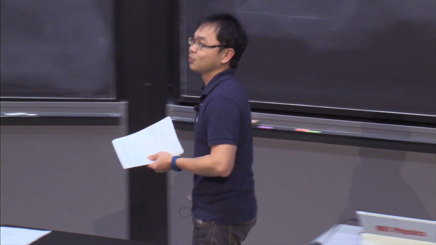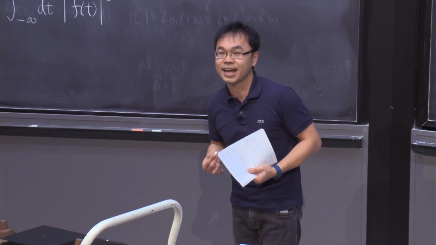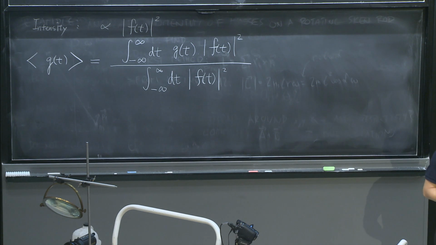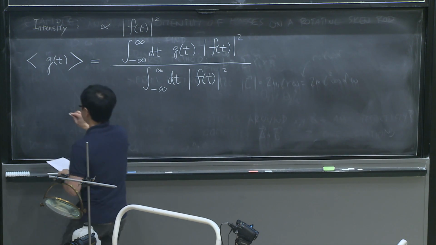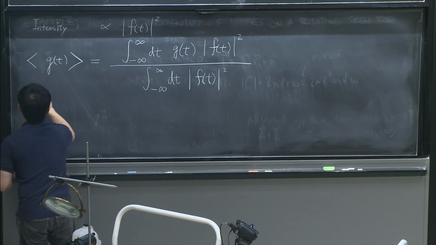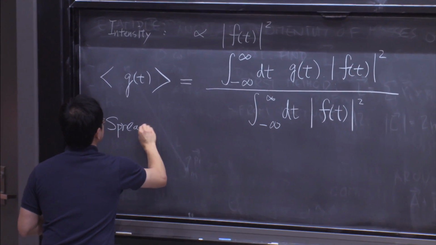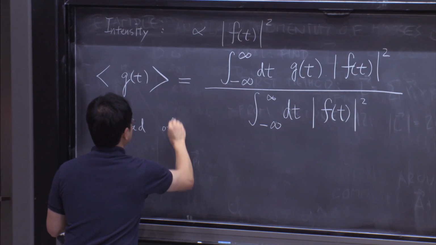So basically, that's also usually associated with this exam, but this time it's actually associated with some physical quantity. So what is the estimator of the spread of time?